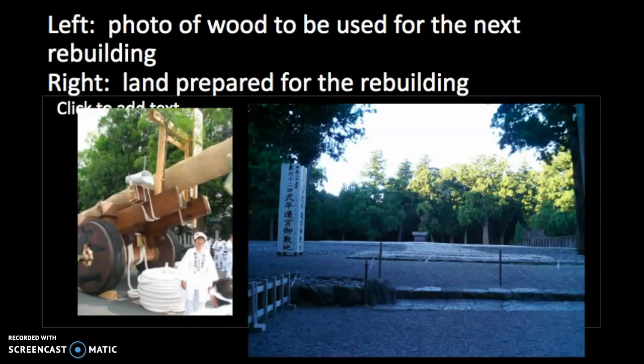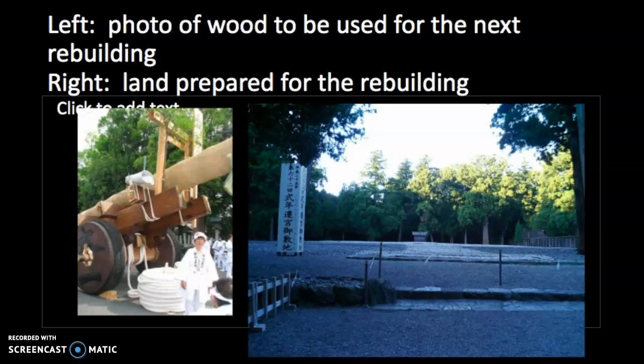The old shrine is completely taken down, and then a heart pillar is buried to mark the spot where the next shrine will be built. And then the old spot is covered with white rocks that we see here. The new shrine is built identically to the one that was just taken down.